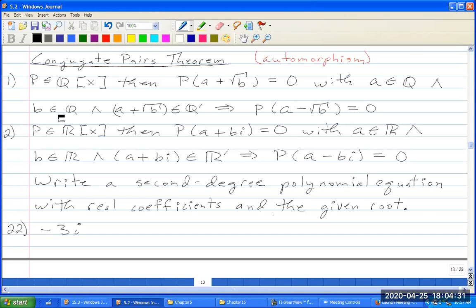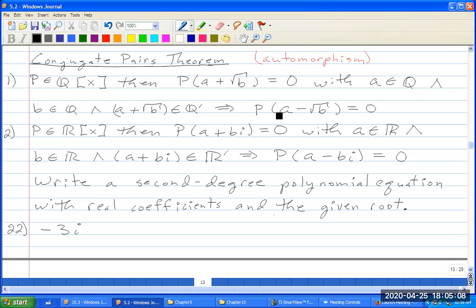Suppose P is a polynomial with real coefficients. Then A plus Bi being a root of your polynomial, with A being real, B being real, and A plus Bi being non-real, meaning that I'm assuming B is not 0. It's not a rational, I'm sorry, it's a non-real number.